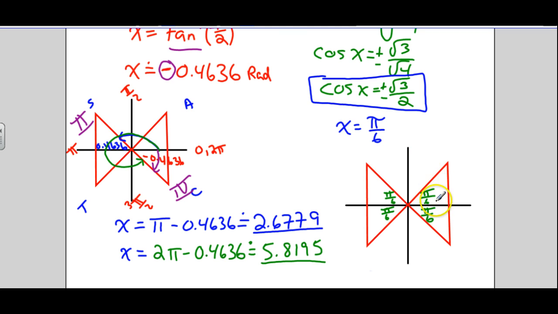So we're looking for this angle, this angle as well, and so on. All four of our various options. These two stem from the fact that we have positive root 3 over 2, and these two stem from the fact that we also need the negative root 3 over 2.